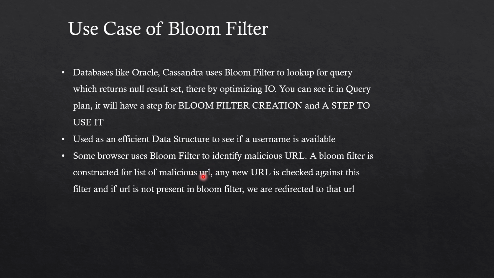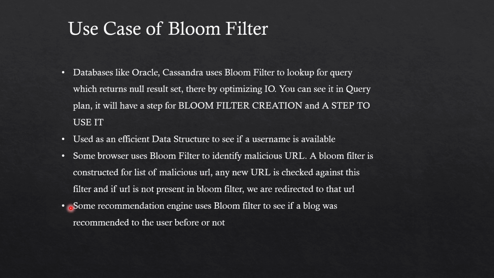Before redirecting to the actual URL, the browser will check the Bloom filter whether this is listed as a malicious URL or not. If it is not present, then we for sure know that it is not a malicious URL, and you will be redirected to that particular URL. So that is another important and very good use case for Bloom filter.